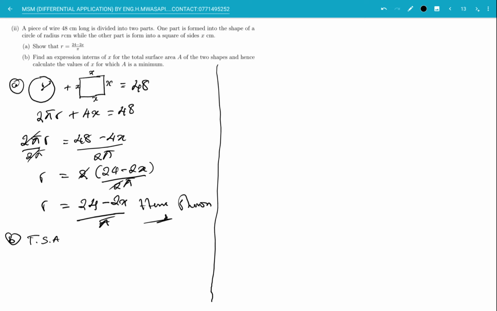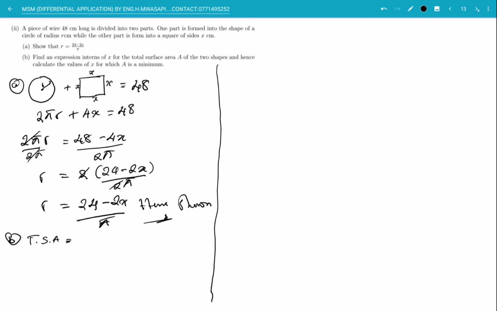So we all know that the surface area of the circle is given by pi r squared, summing it up with the surface area of the square, which is just basically L times B. So the total surface area, I'm going to denote it by A now.